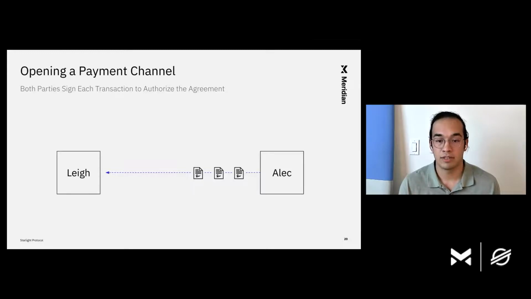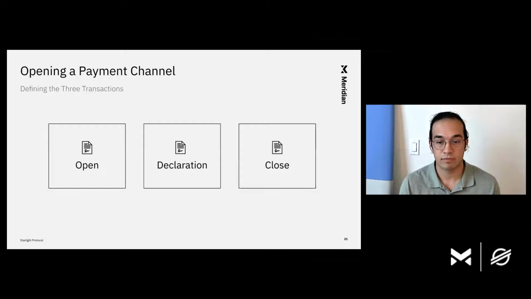When I received Leigh's signatures, my application first validated the agreement, then signed the transactions, and then sent my signatures back to Leigh. And at this point, we've both just signed the open agreement. Now, I said 3 transactions, and these 3 transactions I've been referring to are the open, the declaration, and the close transaction.